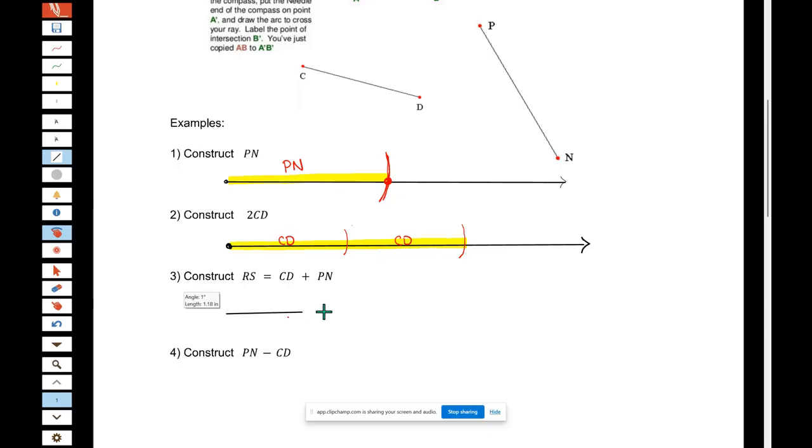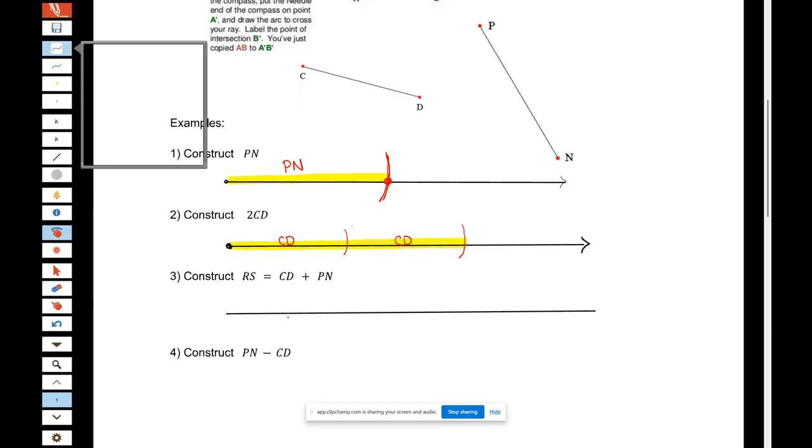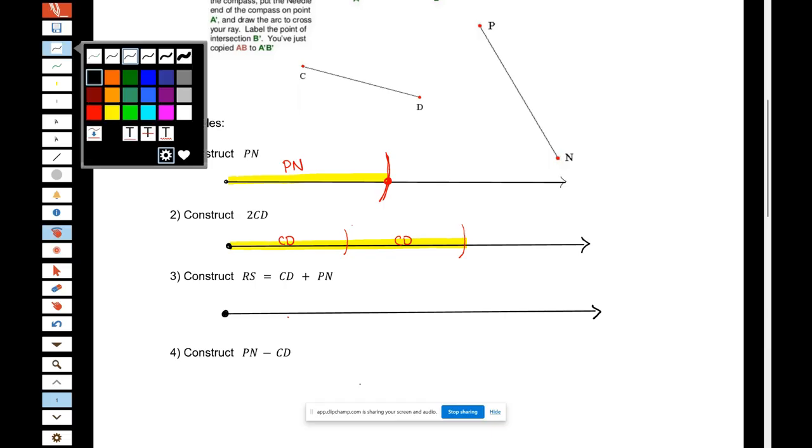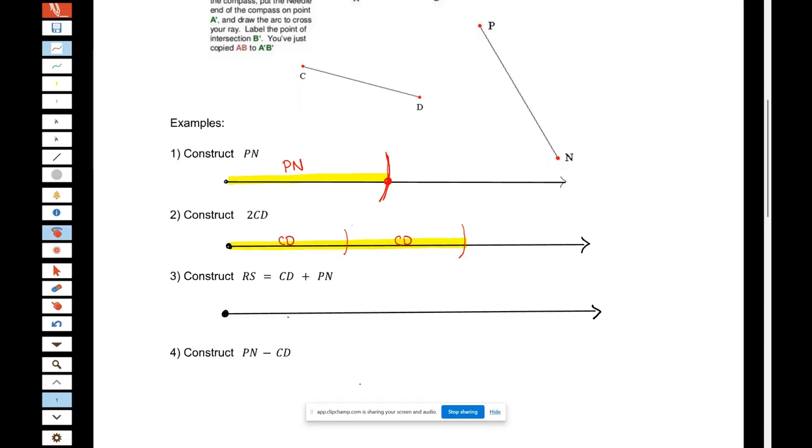All right, the third construction says to construct a segment, and this time it wants us to name it RS, and it has to be the length of CD plus the length of PN. So I'm going to measure CD and mark that off with my compass right here. So that's my length of CD.